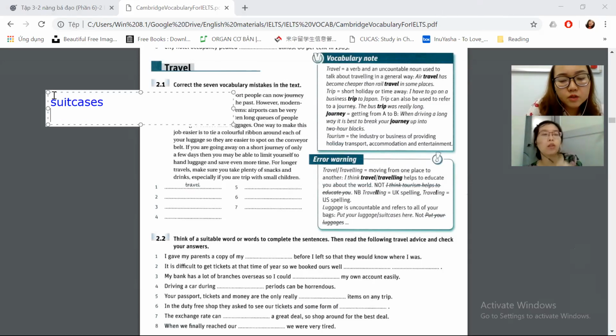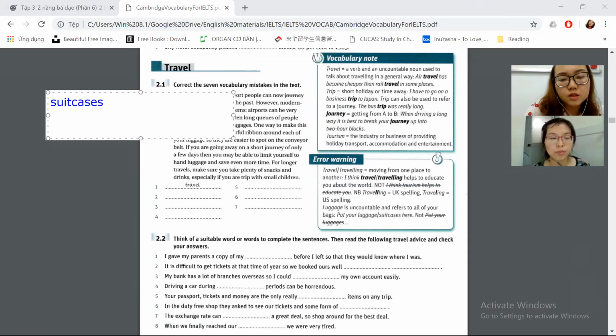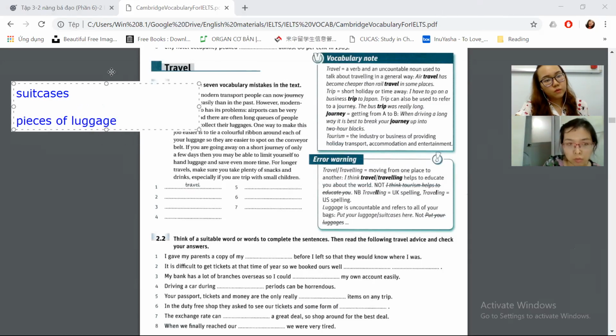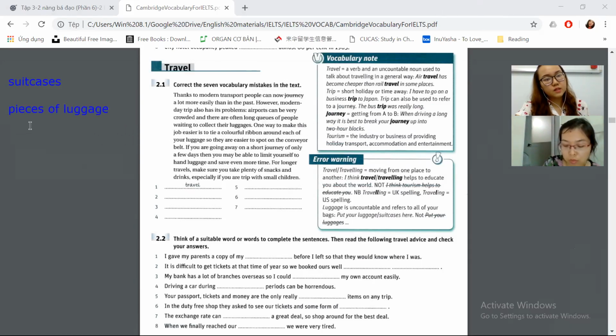Or if you want to use the word luggage, then you can use each of your pieces of luggage. Luggage is not countable, so we have to use another word for it. Pieces of luggage.